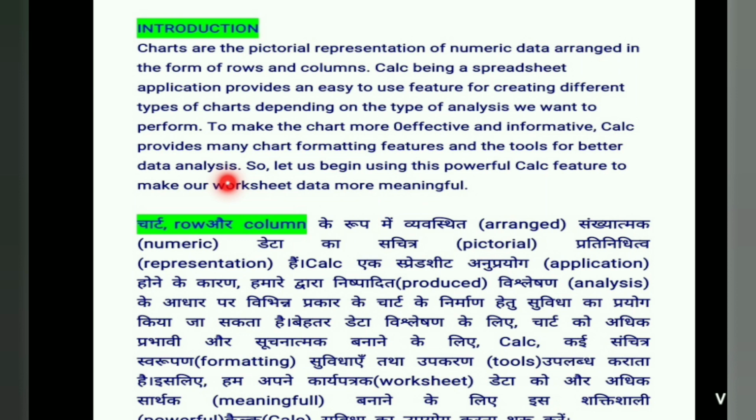So let us begin using this powerful Calc feature to make our worksheet data more meaningful.